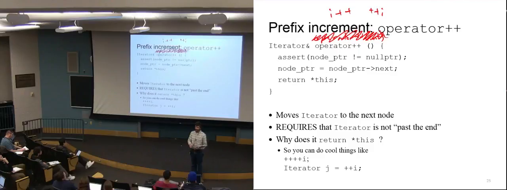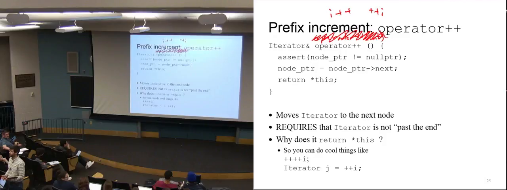I know the syntax is getting pretty complicated here. Can I answer more questions about it? So, I know you said that we could return node pointer to next, but could you return just node pointer after you had set node pointer equal to node pointer next?